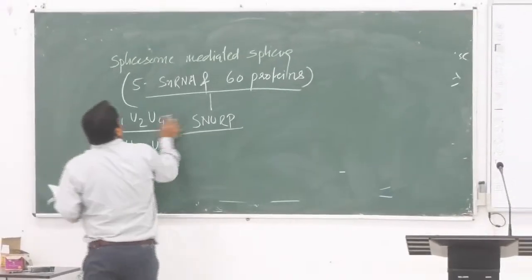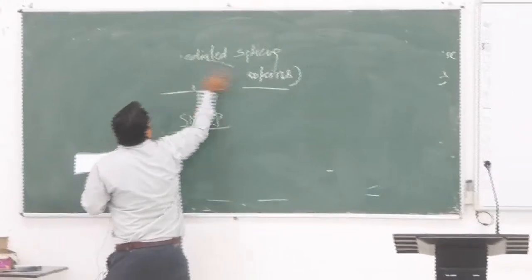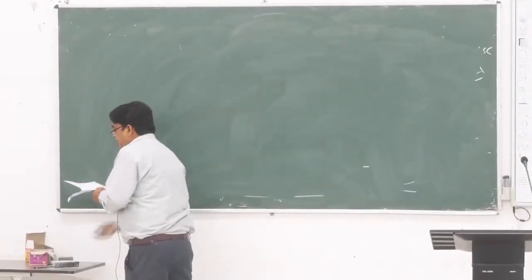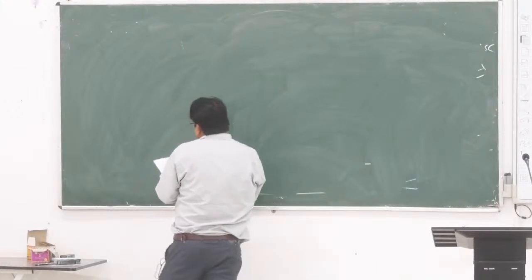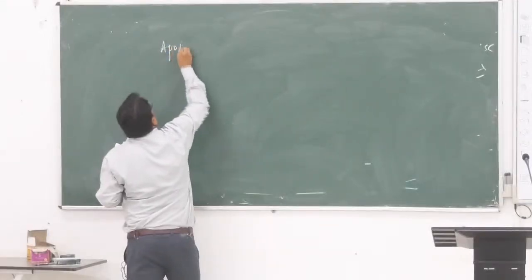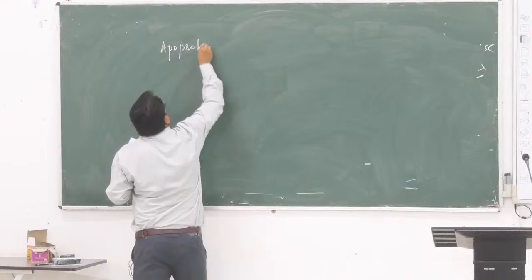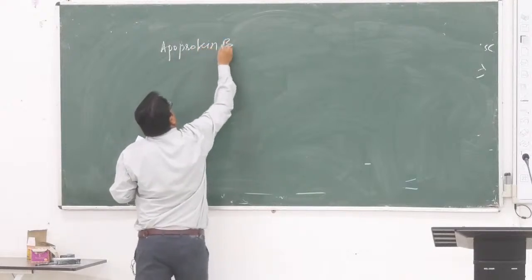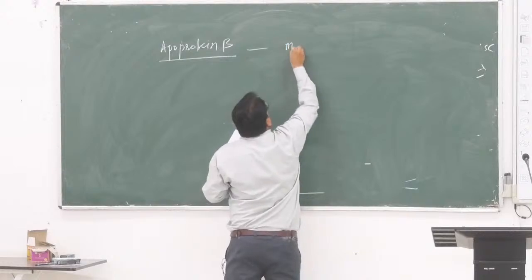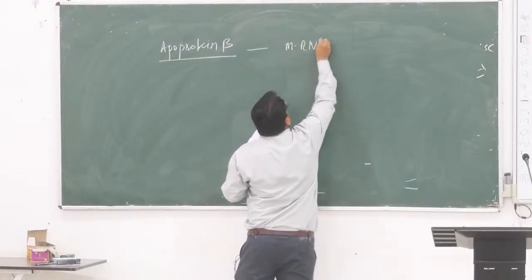Simply, there are two kinds of protein we call apoprotein B, from the apoprotein B mRNA editing gene.